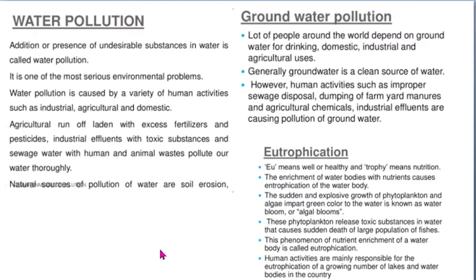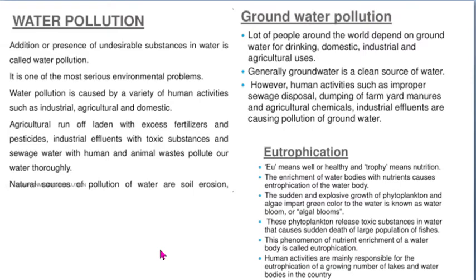So agricultural runoff laden with excess fertilizers and pesticides, industrial effluents with toxic substances, and sewage water with human and animal wastes pollute our water thoroughly. Then there are natural sources and anthropogenic sources.